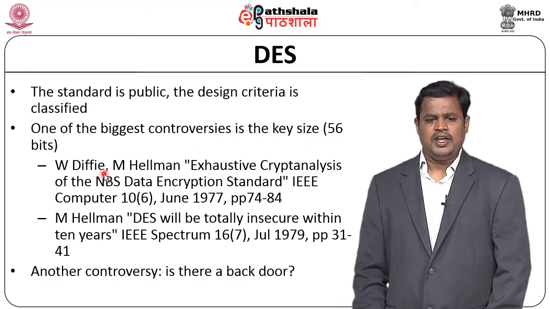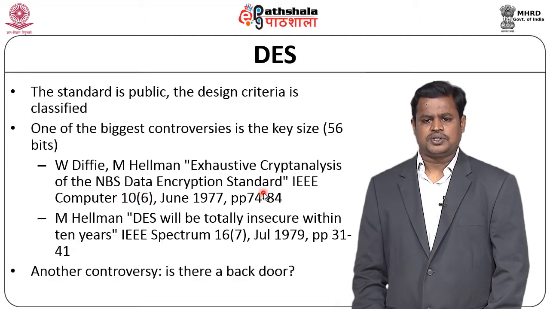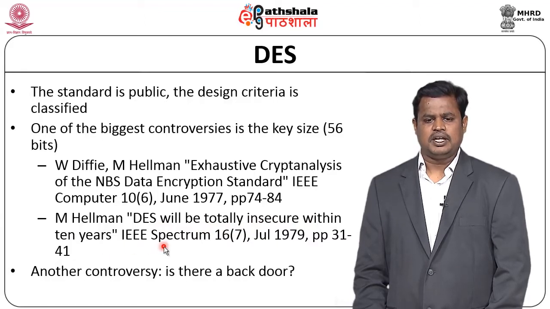Diffie and Hellman used an exhaustive cryptanalysis of NBS, the National Bureau of Standards, data encryption standard, where they broke the algorithm, and they said DES will be totally insecure within 10 years, which we can refer to in IEEE Spectrum in 1979.